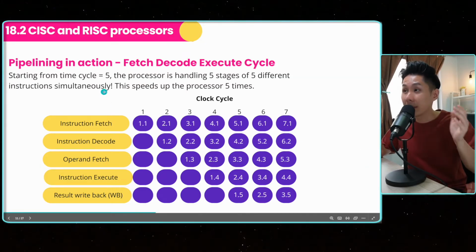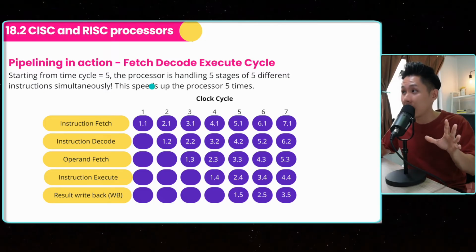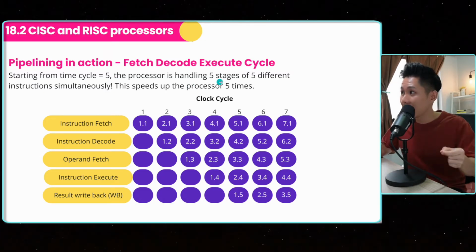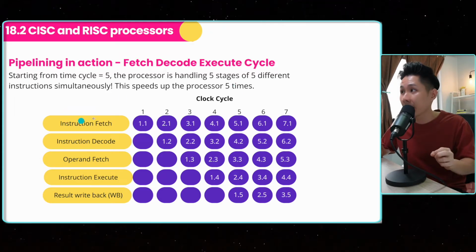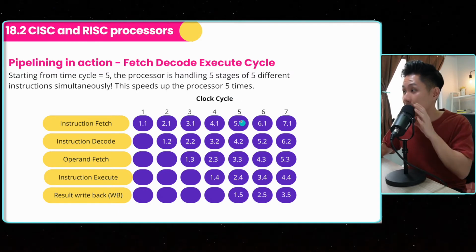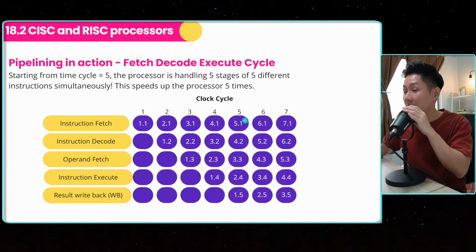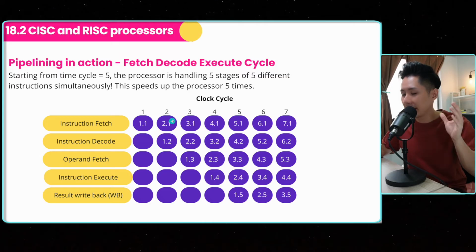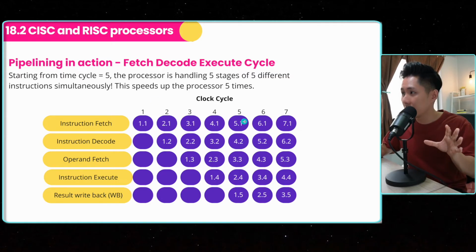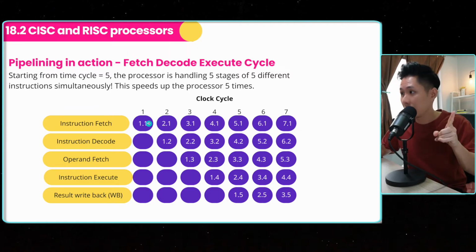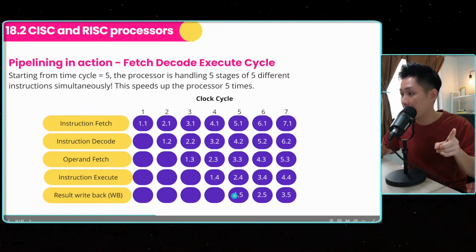And what happens when the clock cycle equals 5 is that the processor is handling 5 stages of 5 different instructions at the same time. This speeds up the processor 5 times. In a conventional sequence, it might take 5 clock cycles to complete just one instruction: 1.1, 1.2, 1.3, 1.4, 1.5.